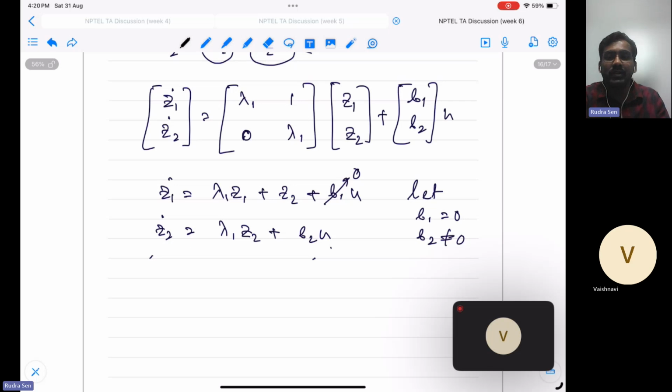So that means the whole system is controllable. Okay. So at least there has to be one control input to the system state Z2 so that it can control the system state Z1. So let's see a few examples.